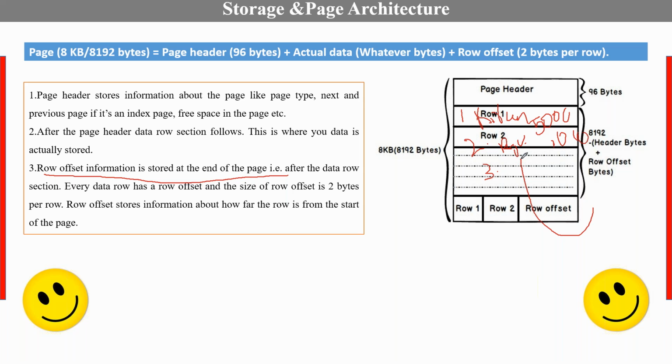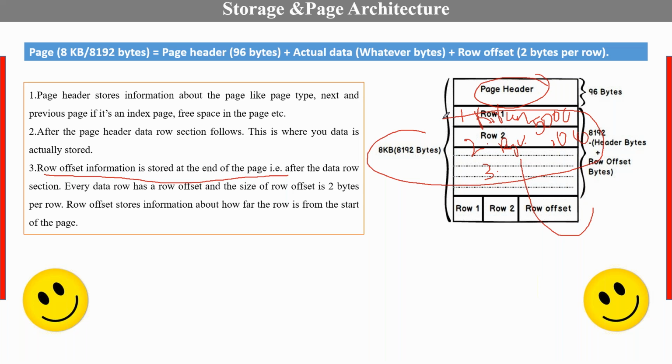Every data row has a row offset, and the size of a row offset is 2 bytes. It just contains the information about how many rows have been inserted, the history of your rows. Nothing else will be available, but we will focus on the page header and the actual data rows when we are digging into the page level.